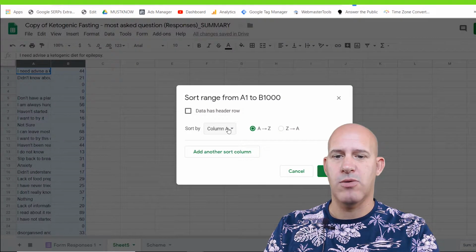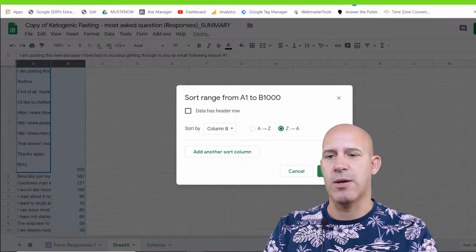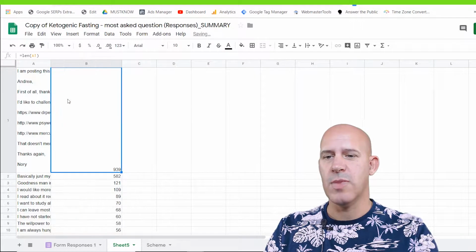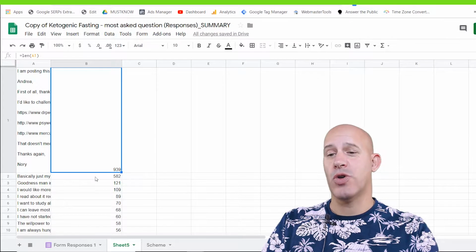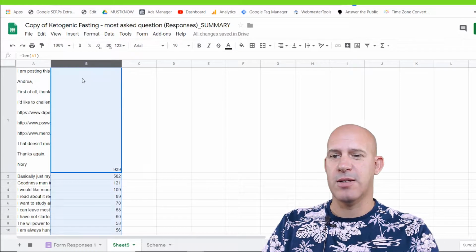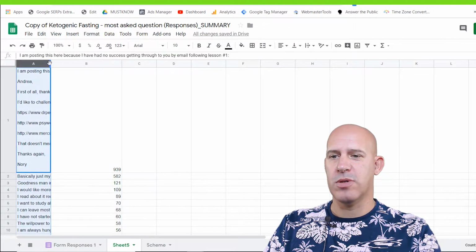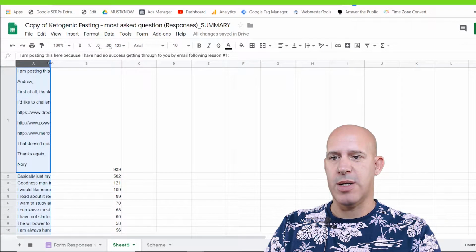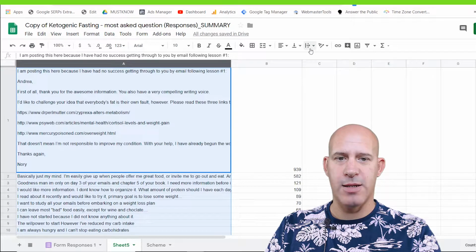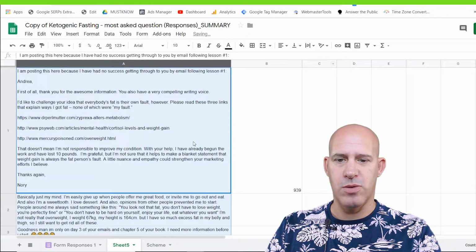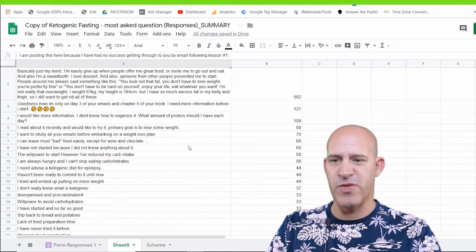It has no header row, so column B from bigger to smaller. Boom. So here you have it, sorted by length. And since the first is a very long answer, I'm gonna open it up a bit, and then I will use this to go, yeah, even the second is very long.